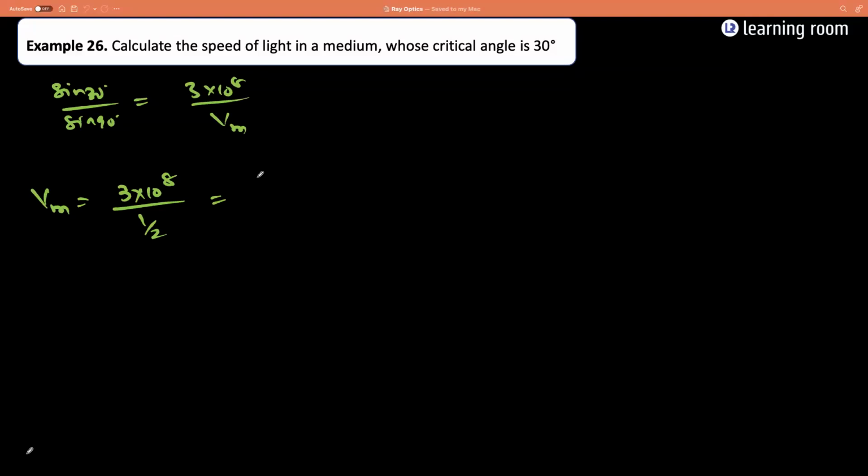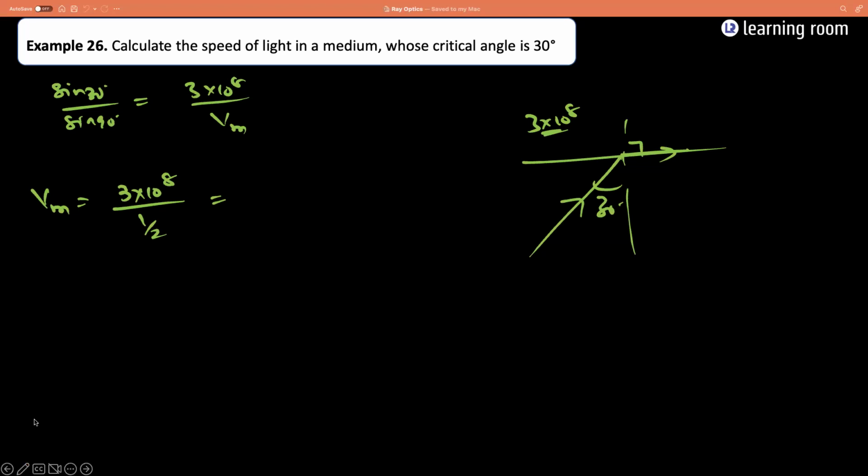How come? Sir, it's 1 by mu, right? So it will be V by C. No. How I wrote is, I wrote denser by rarer. See, if this is going to be 30, here this is 90, and here the speed of light is 3 into 10 power 8. Oh yes, refractive indices are inversely proportional, right?